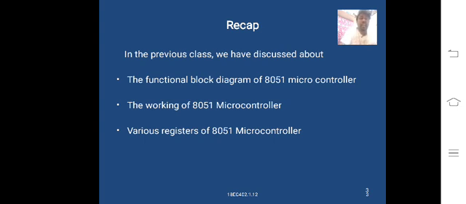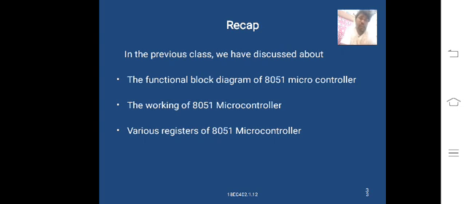In this way, the program counter keeps fetching and holding the address of the next memory location up to completion of the total instructions available in the program. That is the main importance of using the program counter in the microcontroller.